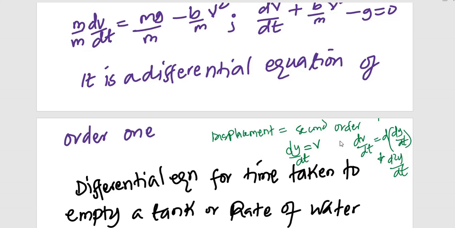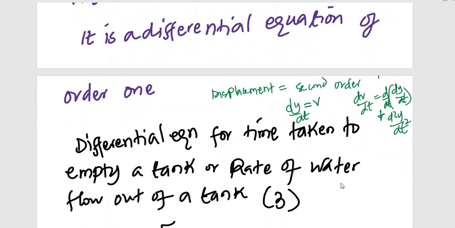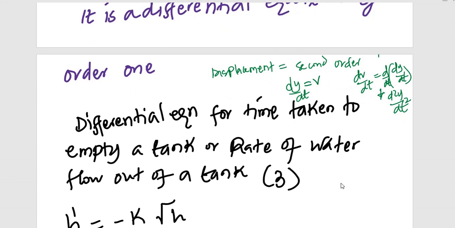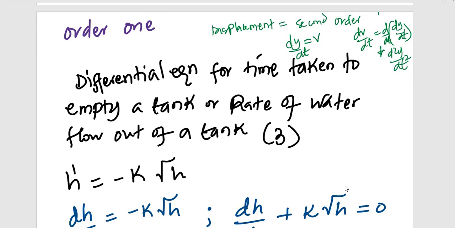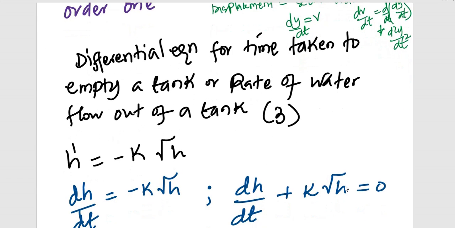If we want dv/dt, we shall differentiate this, which will give us dv/dt equal to d/dt of dy/dt, which gives us d²y/dt squared. And this would be a second order differential equation that will give us the displacement of the body, which is the parachutist.